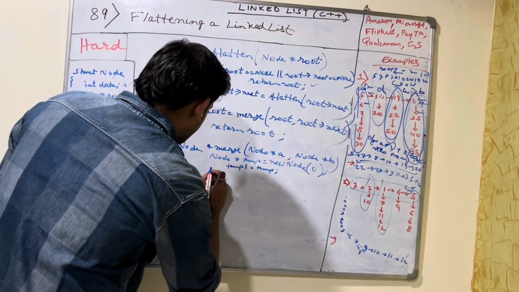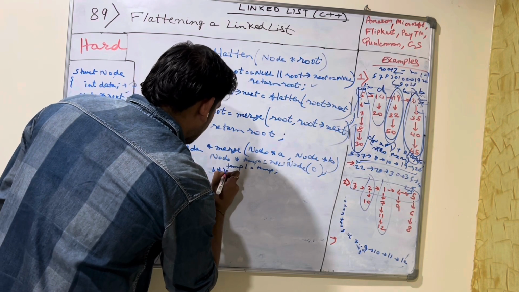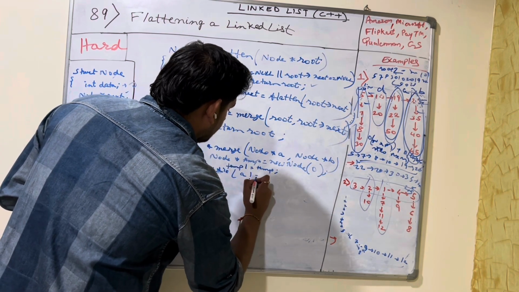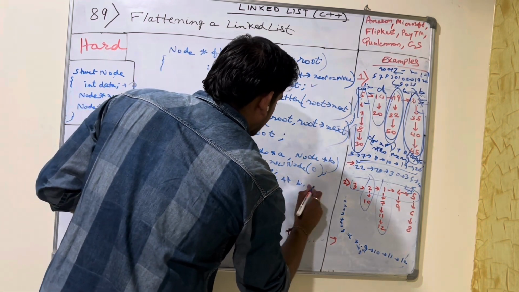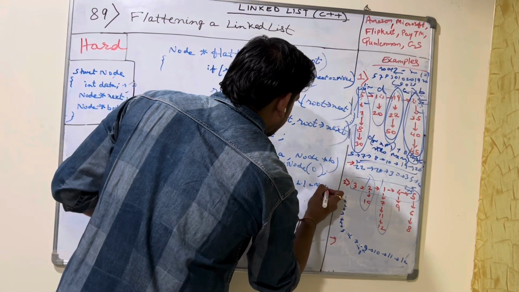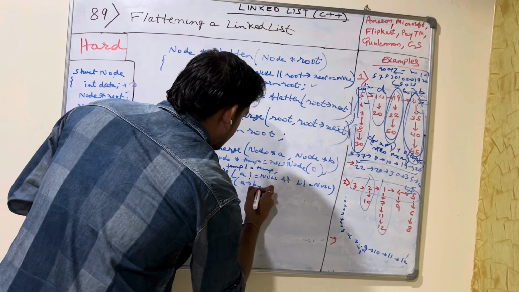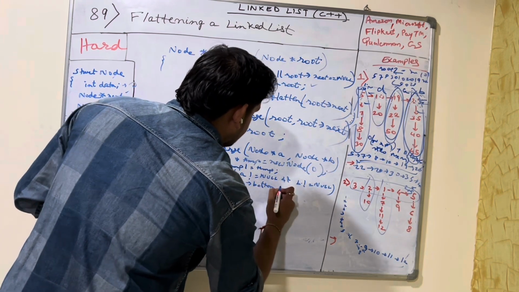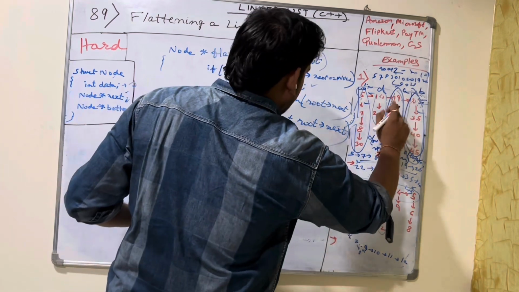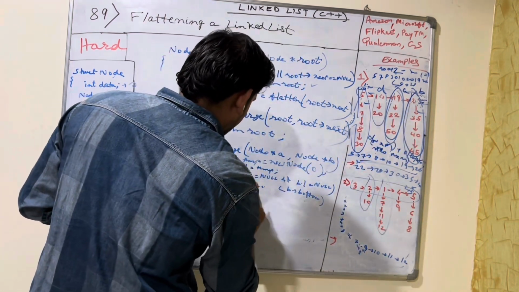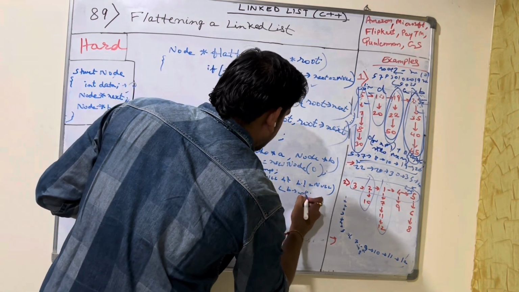So what we do now, we check while A not equal to null and B not equal to null. Okay, when both are not equal to null, we can make the comparison, right? So if A data is less than B data, sorry, not A bottom, A data.